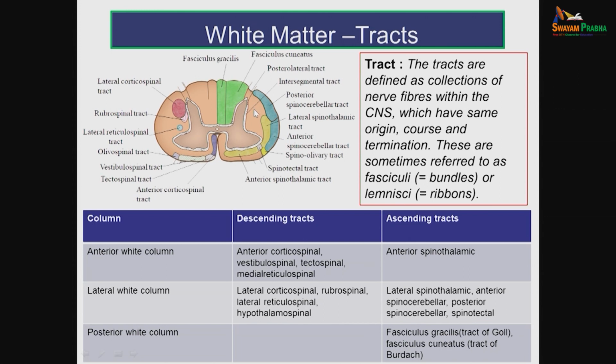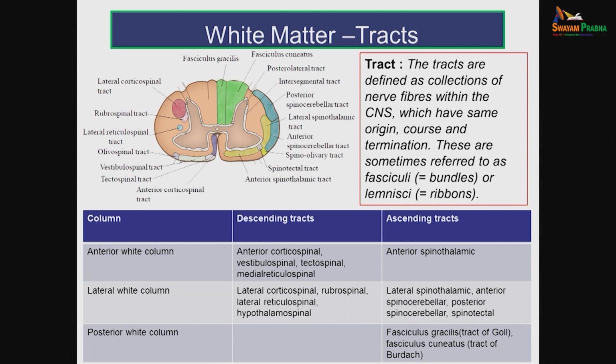We said white matter is composed of nerve fibers, neuroglia and blood vessels. So this white matter contains various tracts. The next lecture will be on the various tracts of the spinal cord. I will just mention the position of the various tracts in relation to white matter.